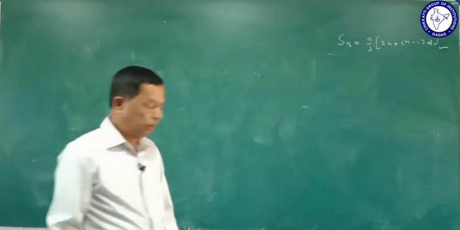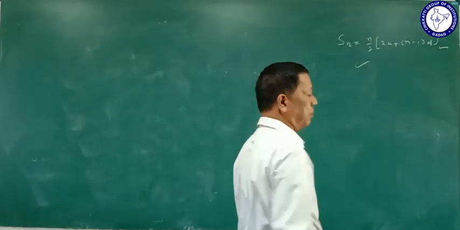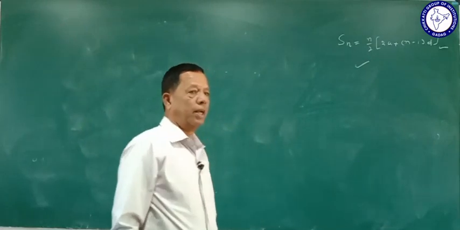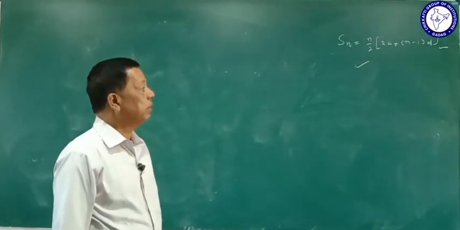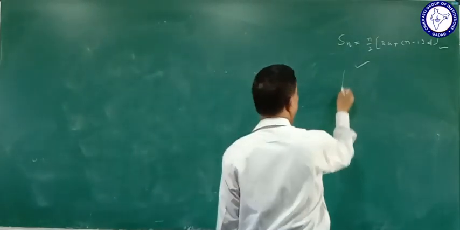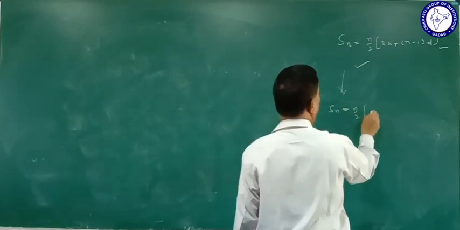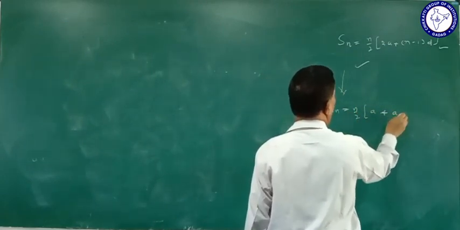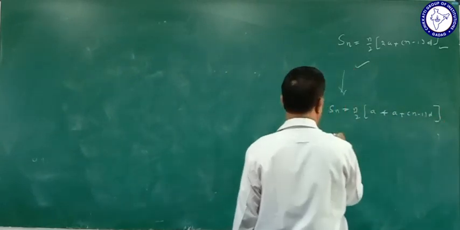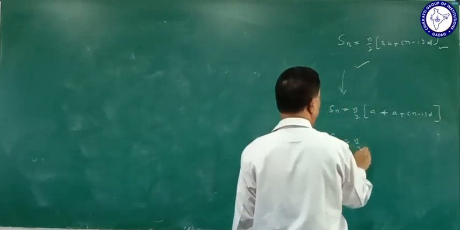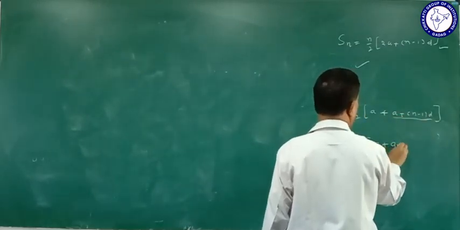But this formula may be written in other forms. Why do I have to tell you that? Because this formula can be written Sn is equal to n upon 2 into bracket a plus a plus n minus 1 into d. So Sn is equal to n by 2 a plus, and this is the nth term, that is nothing but an, you can write.